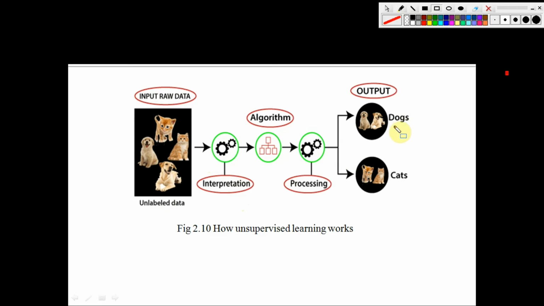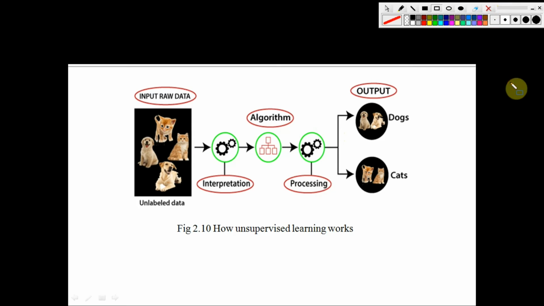At the output it will classify dogs on one side and cats on the other. Here the feedback will be there: if a dog is classified as a cat, then a penalty or percentage error will be given to the algorithm, which will rectify the error. Something like this is how unsupervised machine learning works.